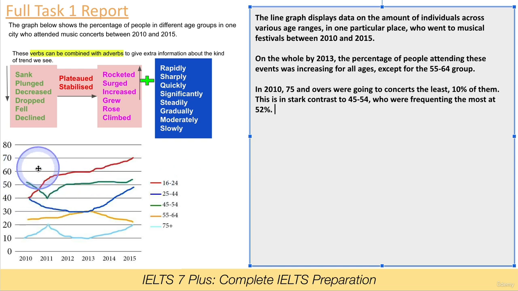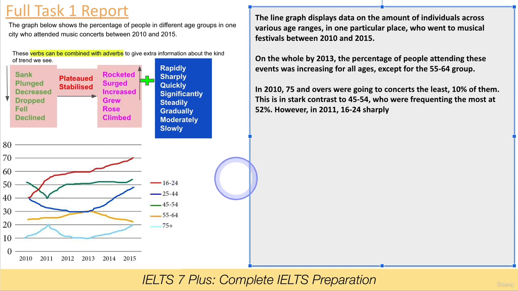Okay, so let's touch upon maybe the rise of 16 to 24 in 2011 and also 55 to 64. However, in 2011, 16 to 24 sharply, let's think of another word.